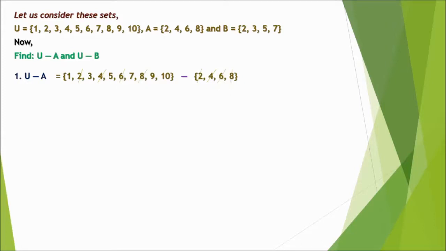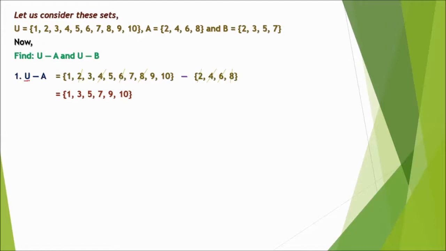So we have to write those elements which are not cancelled from the universal set U. You can see 1, 3, 5, 7, 9 and 10 are those elements which belong to the universal set only, but do not belong to A. Okay, these elements are not present in set A, but they are present in universal set U.